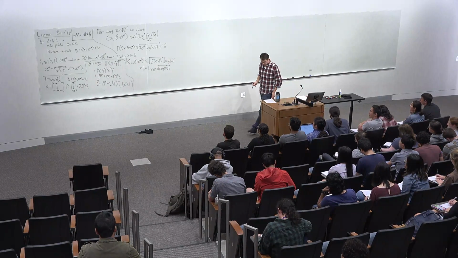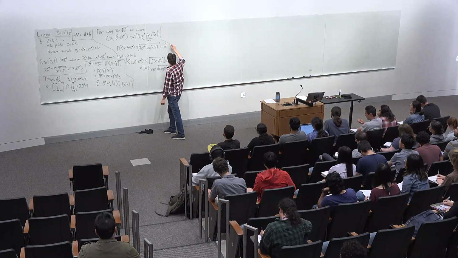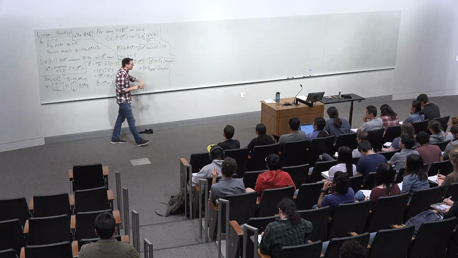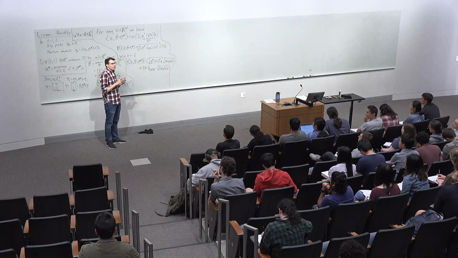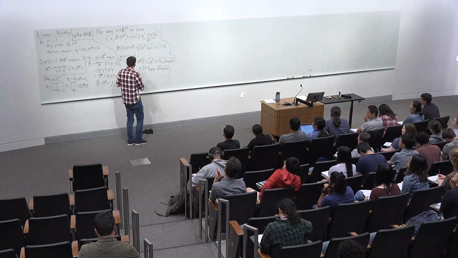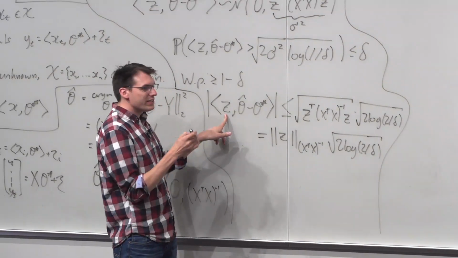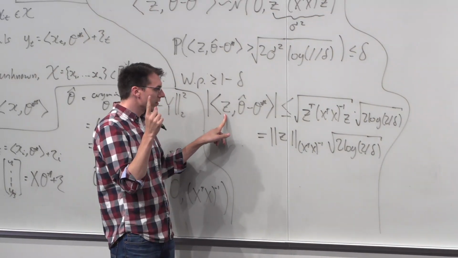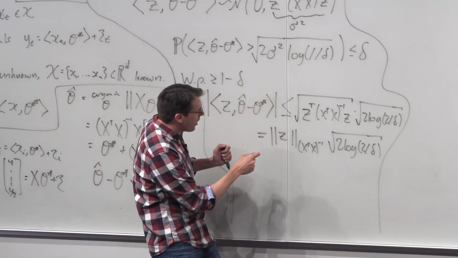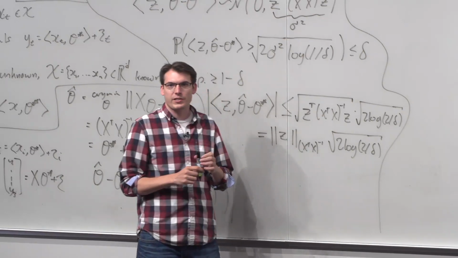So, as I alluded to earlier, different choices of X transpose X will result in different covariances, in different shapes of uncertainty. And you can see it already just in this. For any direction z that I look in, basically the uncertainty is being scaled in that direction by (X transpose X) inverse.